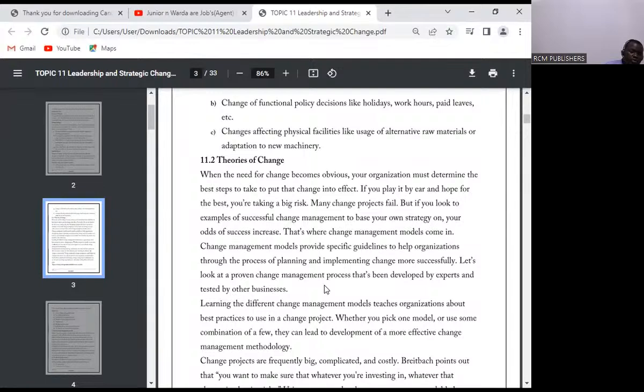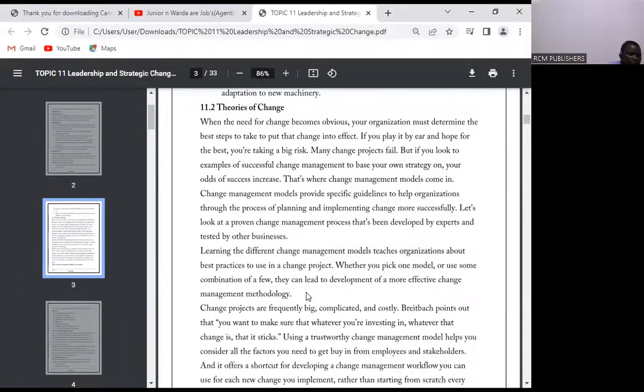They are tools used for effective management of a change process. So let's look at a proven change management process that has been developed by experts and tested by other businesses. Learning the different change management models teaches organizations about best practices to use in change management.